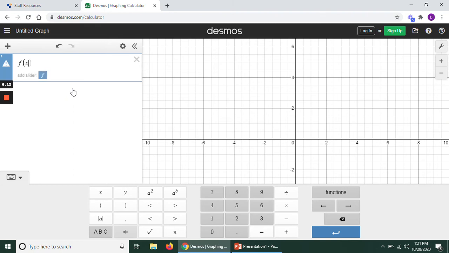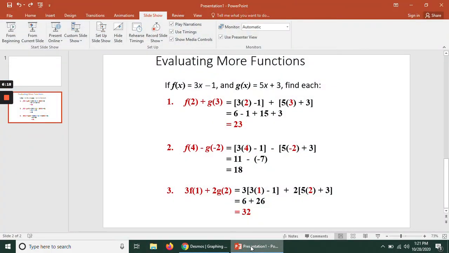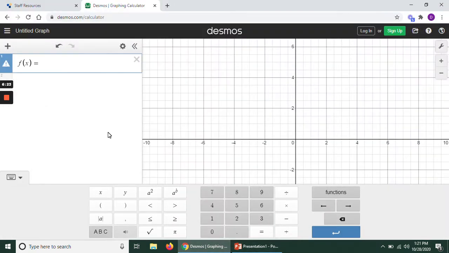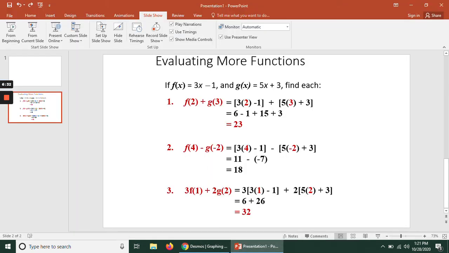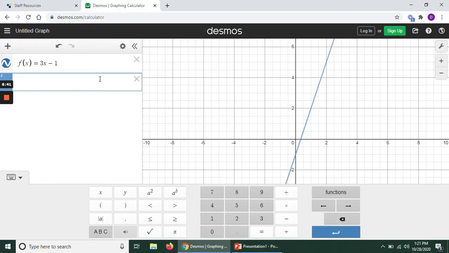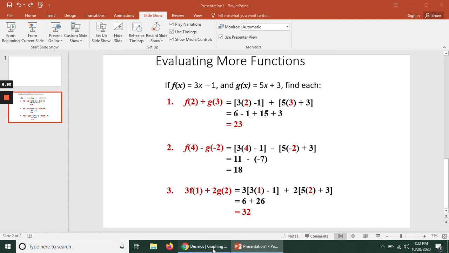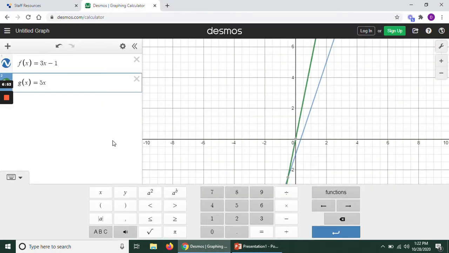And in the next line, I'm going to type g of x is equal to 5x plus 3.